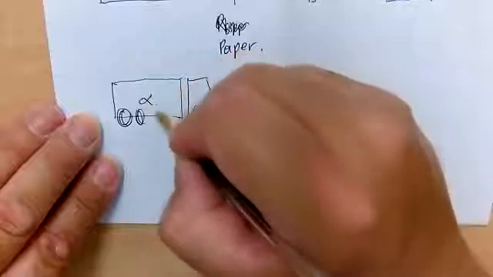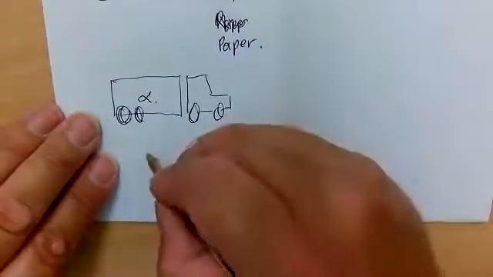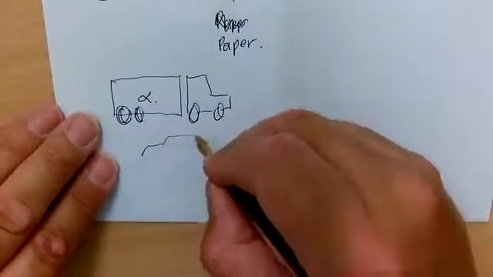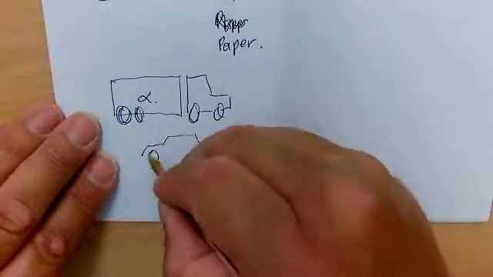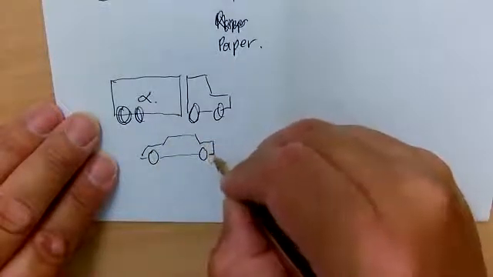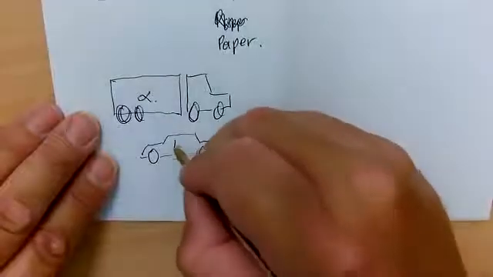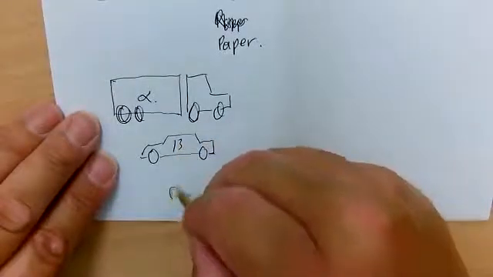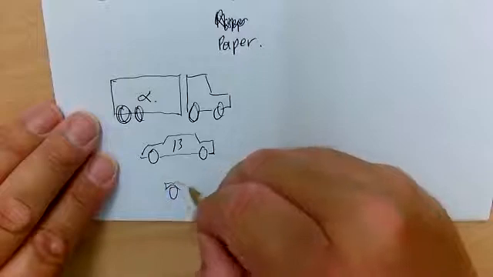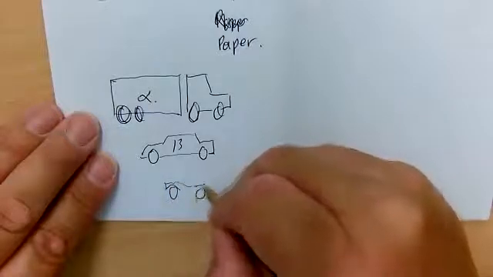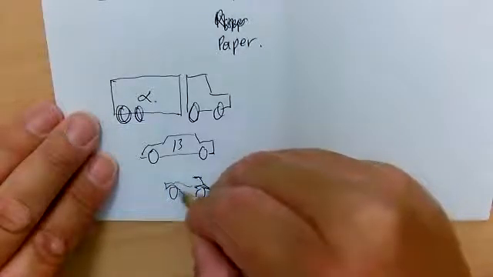The alpha particle I think of as being like a big lorry. The beta particle I think of as being a bit like a car. And the gamma ray I think of as being a bit like a motorbike.